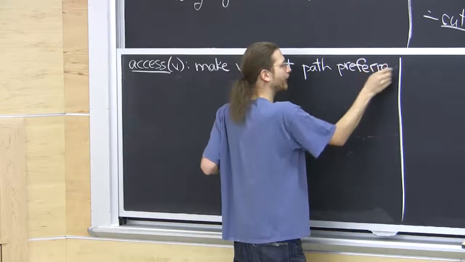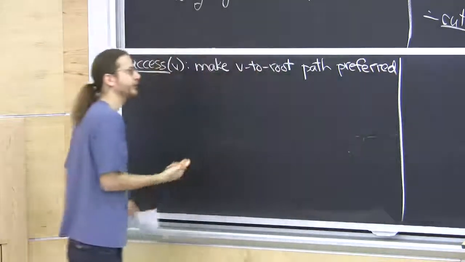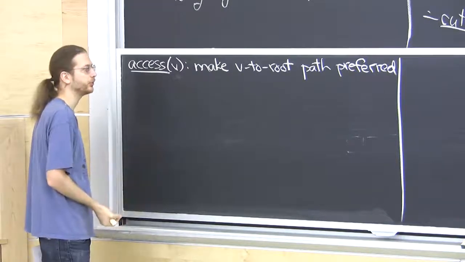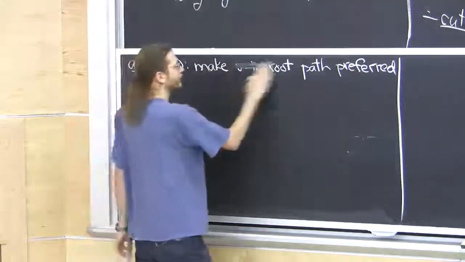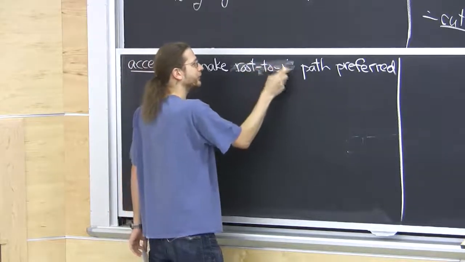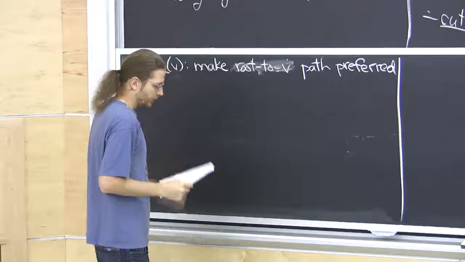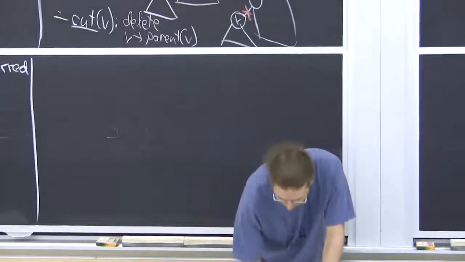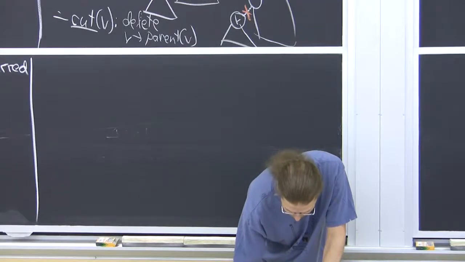The first thing we have to do when we access a node v is say, well, then by definition, the path from the root to v should be preferred. That's the definition of preferred, because now it's the latest thing accessed. So we've got to fix that.